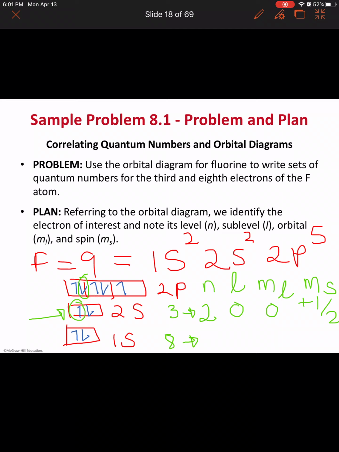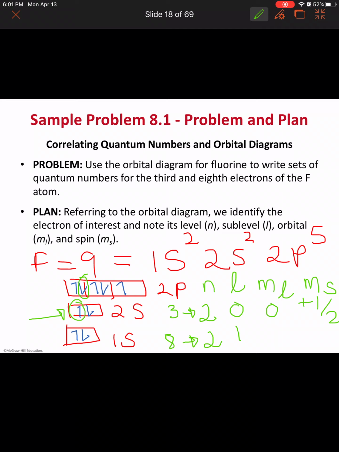So then the principal quantum number is going to be 2. And it's in a p orbital. So what is the l value for a p orbital? That's 1, isn't it? So then the l value is going to be 1.